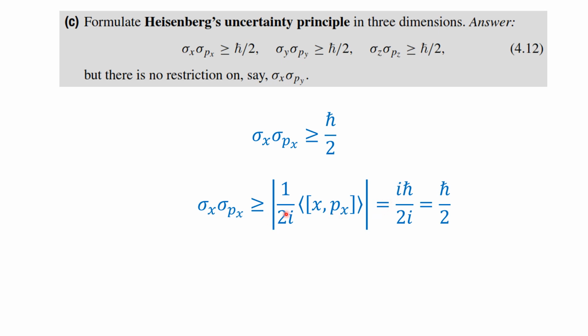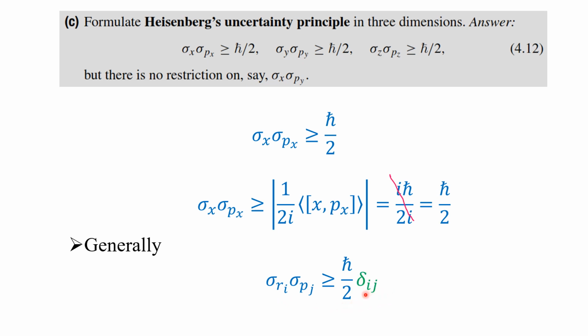Now there is already 2i in the denominator, so i will get cancelled, and you will get h cross over 2. So generally we can write that sigma r i into sigma p j is equal to or greater than h cross over 2 multiplied by the Kronecker delta ij.